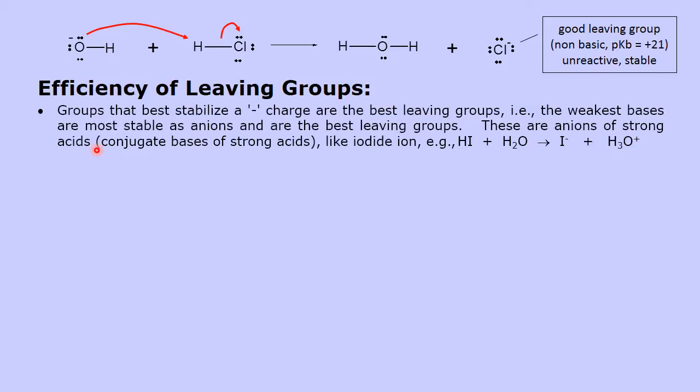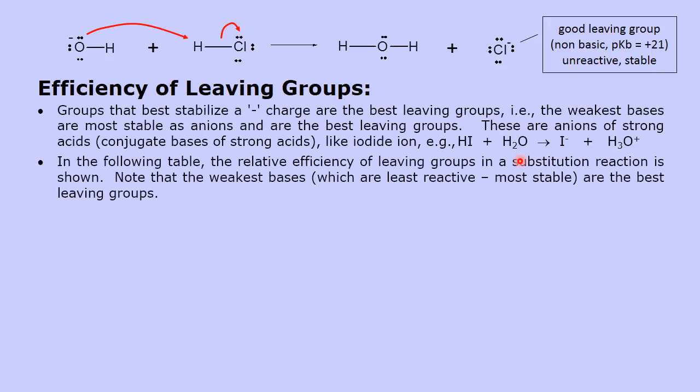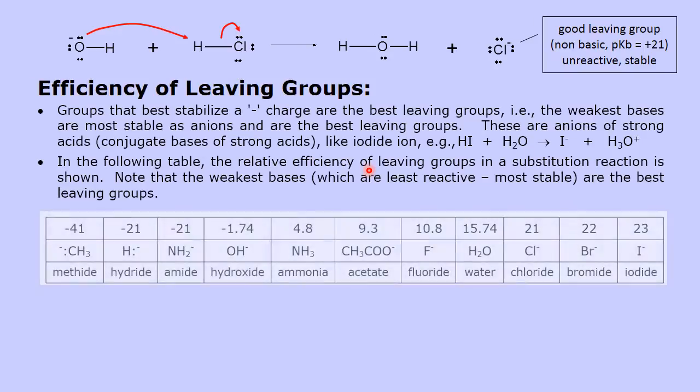Anions of strong acids, conjugate bases of strong acids, like iodide. So here's hydrogen iodide. Its pKa is -9. That's a really strong acid. And one of the reasons it's a really strong acid is because the iodide that's formed is quite stable and unreactive. It is completely non-basic. Its pKb is 23. In the following table, the relative efficiency of leaving groups in a substitution reaction is shown.